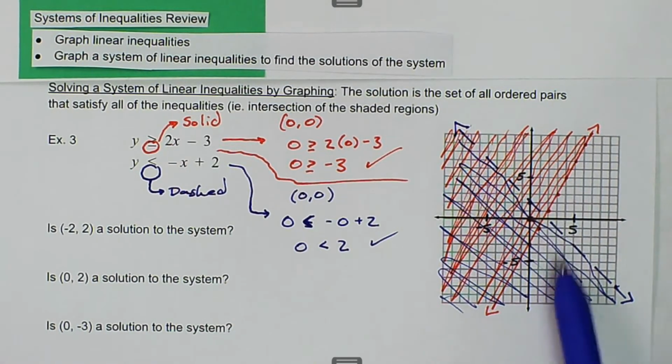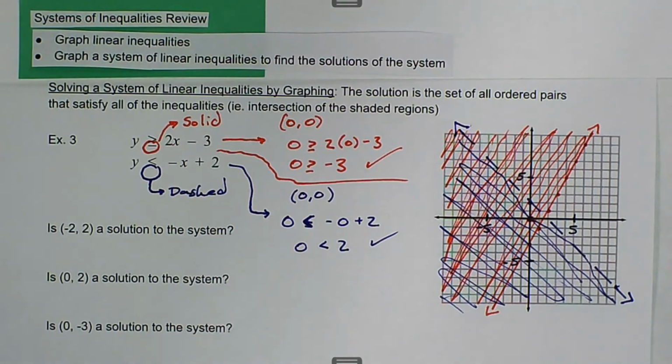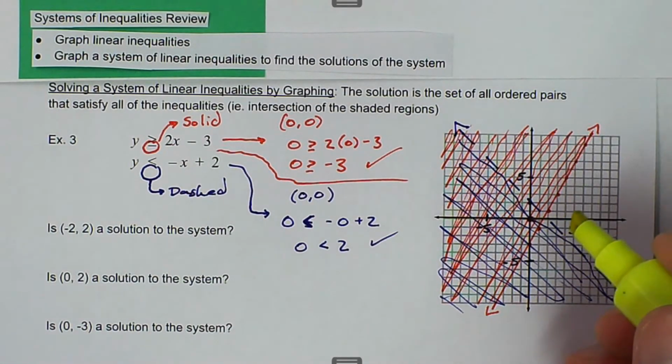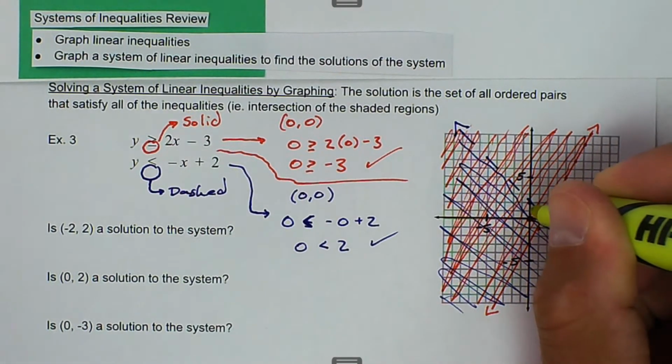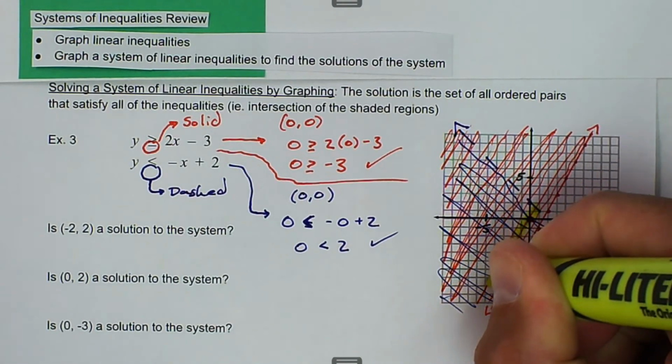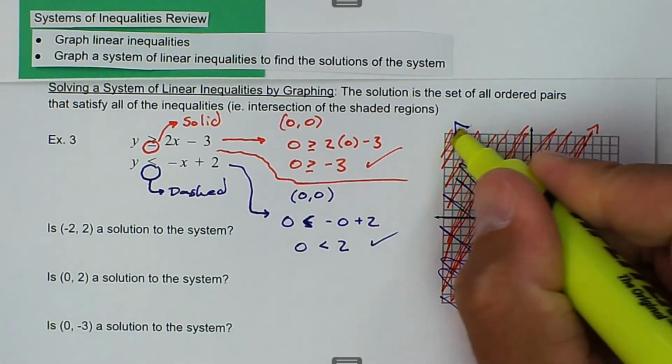So these two are not part of the solution. The only part of the solution that is for both is the part where both are shaded. So the solution set for this one is going to be in between these two lines, where the red and blue overlap.